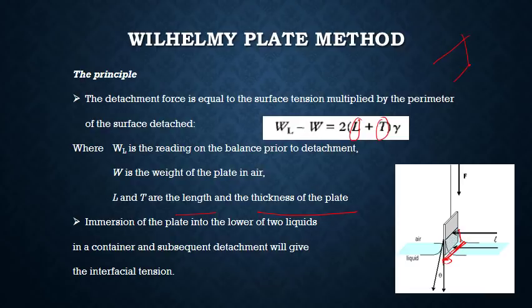So here is your plate, with the length L and the thickness T of the plate. Then you can calculate the surface tension. And what is WL? WL is the reading on the balance before detachment. You have to minus the weight of the plate, which is the second term.